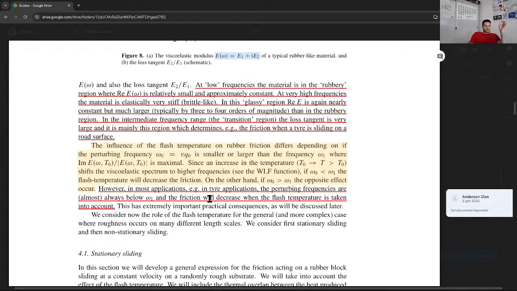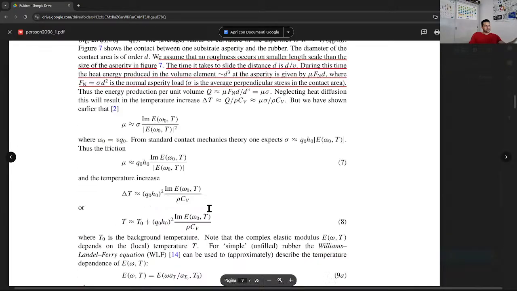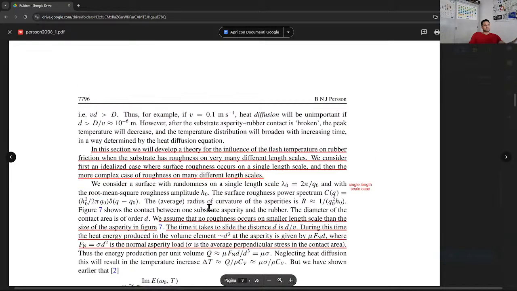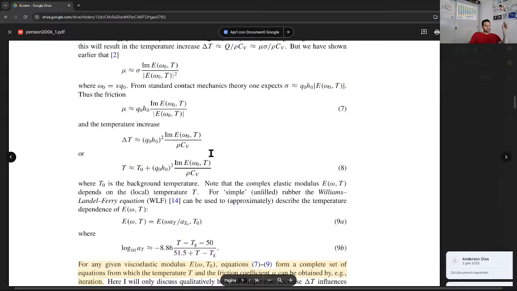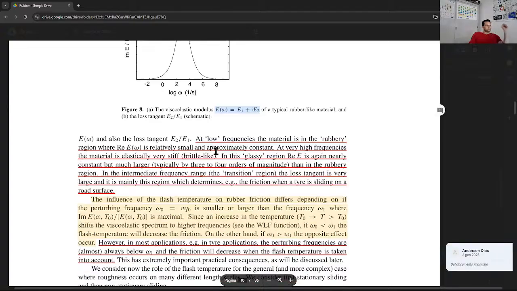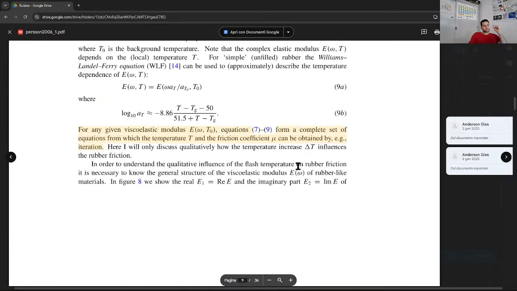Okay, but the flash temperature effect depends, as you see, on the perturbation frequency omega 0 and on temperature. It depends on whether this is smaller or larger than the frequency omega 1.